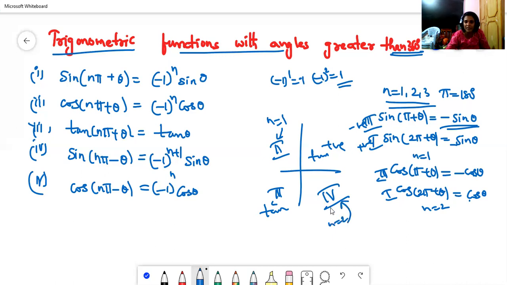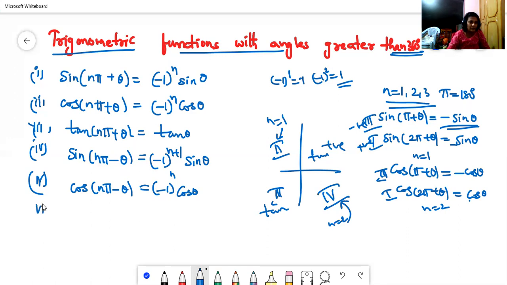So it is either second or fourth. In the second it is negative, in the fourth it is positive. So when we take 1, the power is 1, it gives the second quadrant value; when 2, the fourth quadrant value. Like that.